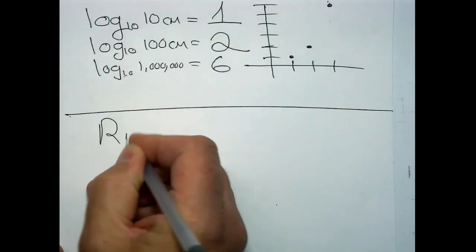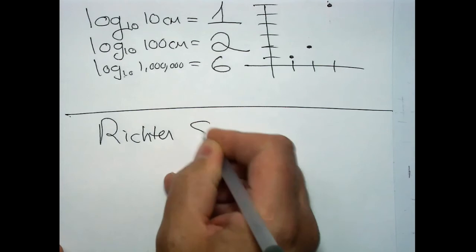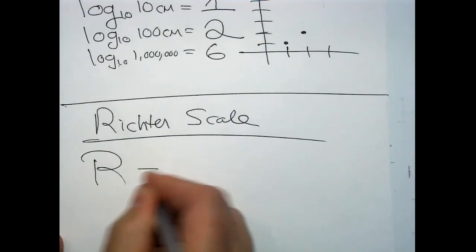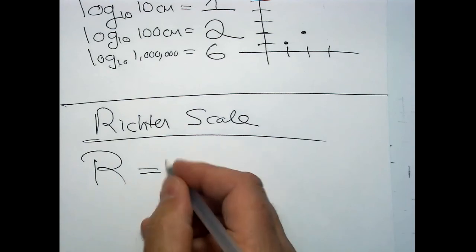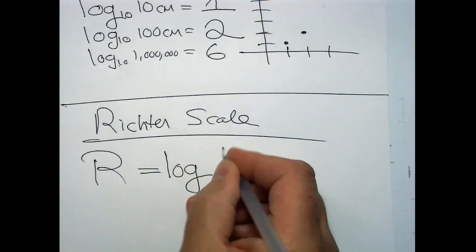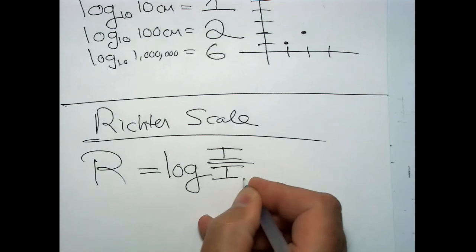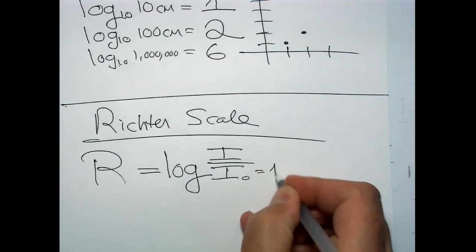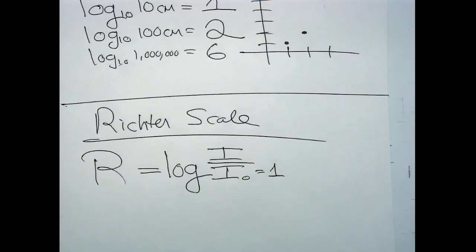You might have heard of the Richter scale. And R is calculated as the log of an intensity over intensity 0, where intensity 0 is really equal to 1. And basically, that's the minimum intensity used for comparison.